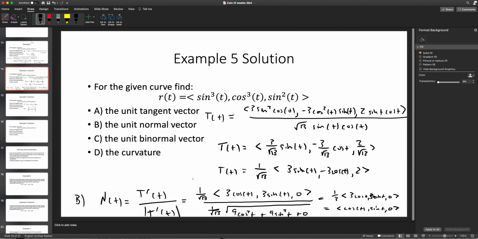Then I'm going to need N sub t, which is cos t, sin t, 0.